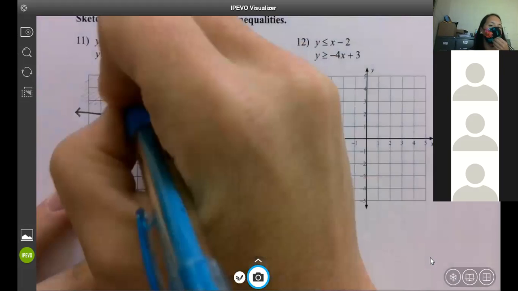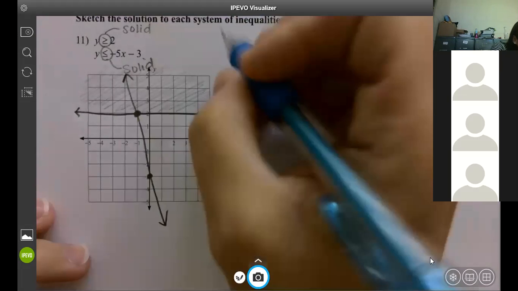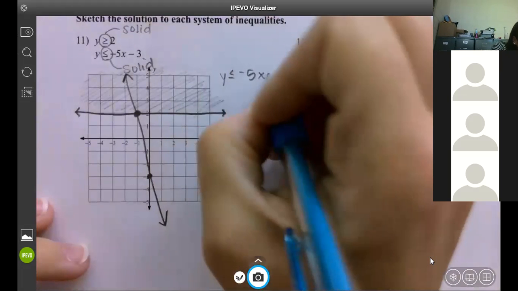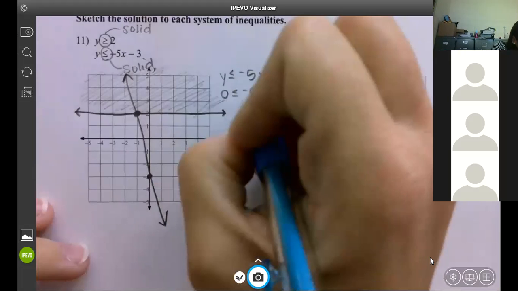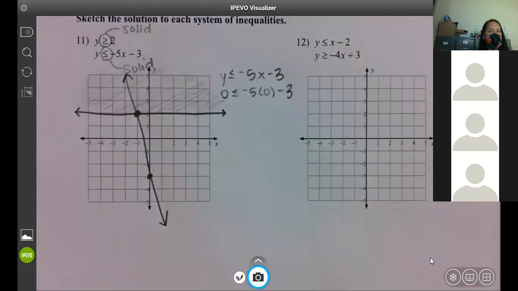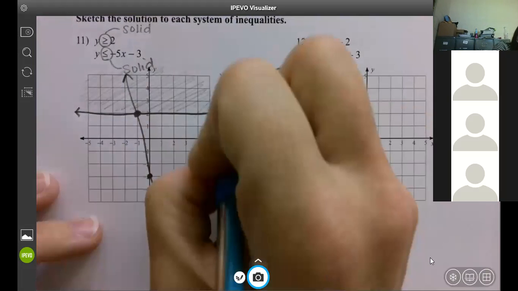And then remember, we see if it goes through 0, 0. Since it doesn't go through 0, 0, I'm going to take that inequality and plug in 0, 0. If it's true, I shade on this side with 0, 0. If it's false, I shade on this side. Okay, what's -5 times 0? Plus -3.